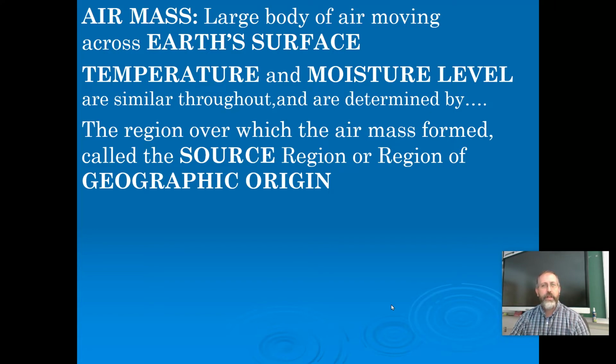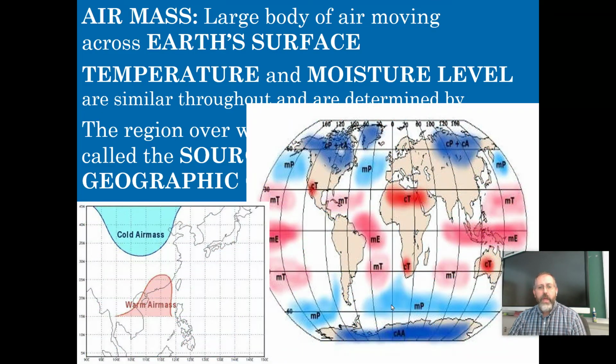So the region it comes from is called its source region or region of geographic origin in questions. It sounds really fancy, but it's just saying where it came from. Now, it's hard to have one map that's going to do this right, but here's my best one I could find easily. So for us specifically, we have cold, dry air that comes down out of Canada, especially this time of year. It comes down out of Canada a lot. And so when air comes down out of Canada, you expect it to be cold and dry.